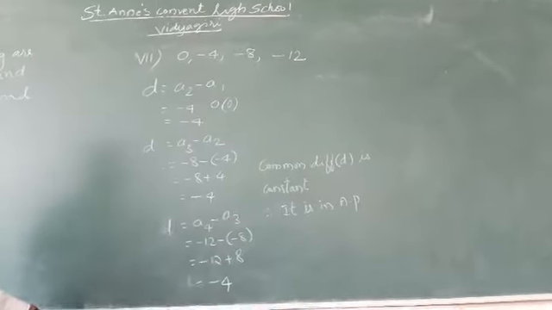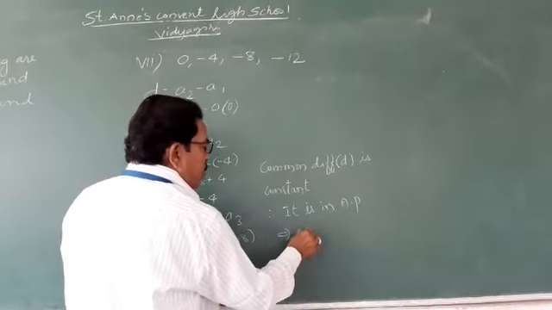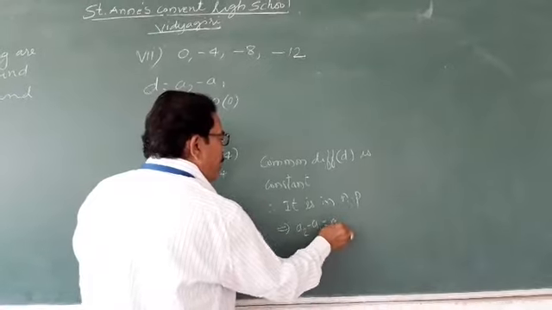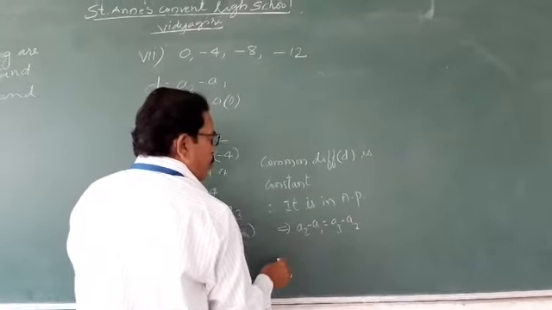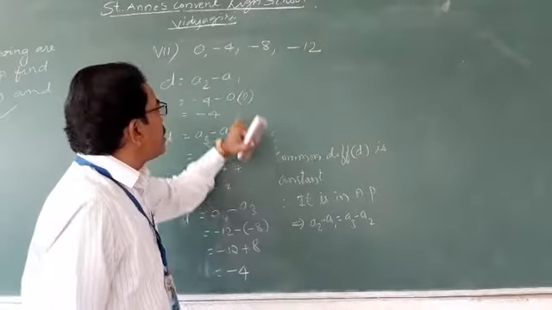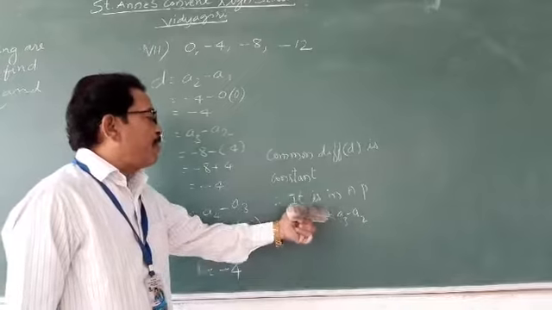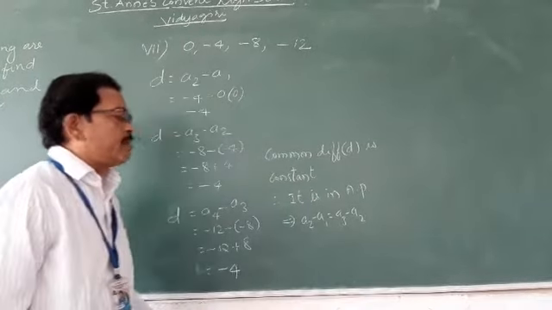So it implies, as in the previous ones, that A2 minus A1 equals A3 minus A2. It is not necessary to write it. If the condition is asked, you have to write that this problem satisfies the condition A2 minus A1 equals A3 minus A2.